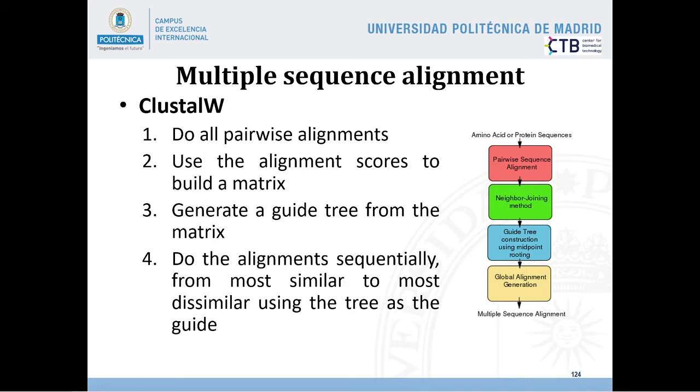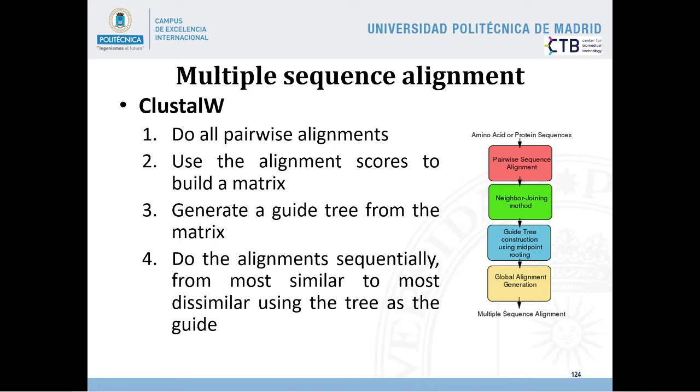ClustalW is historically the most used of the progressive multiple alignment algorithms. Nowadays, it's not recommended anymore because we have other methods that are better for this. But it was very useful in its day, and it can do multiple sequence alignment.